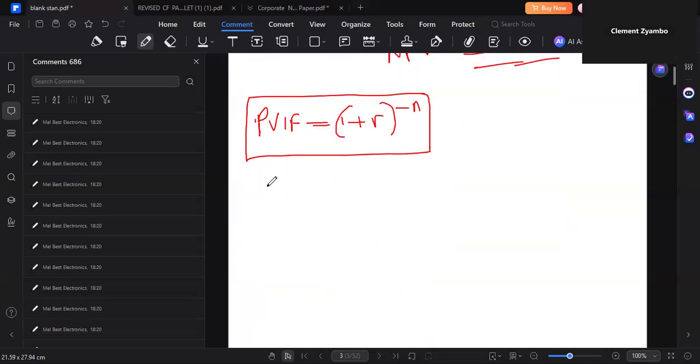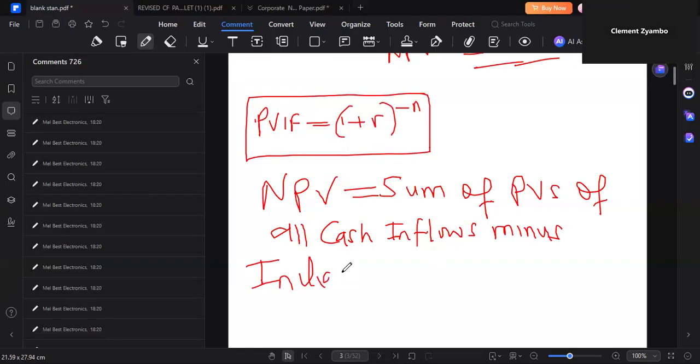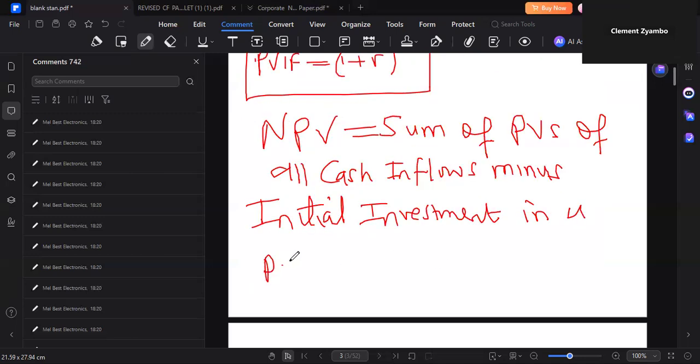So NPV is equal to the sum of present values of all cash inflows minus the initial investment in a project. Okay.